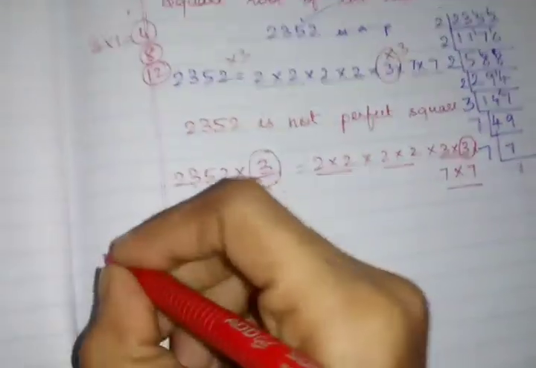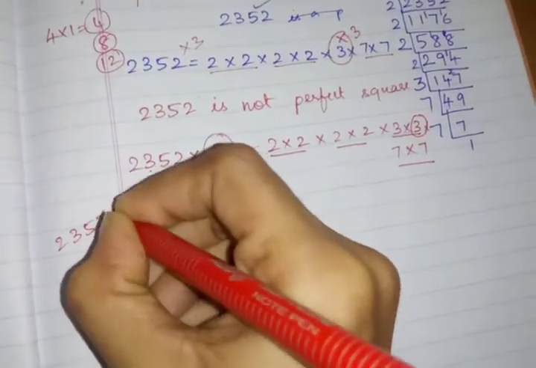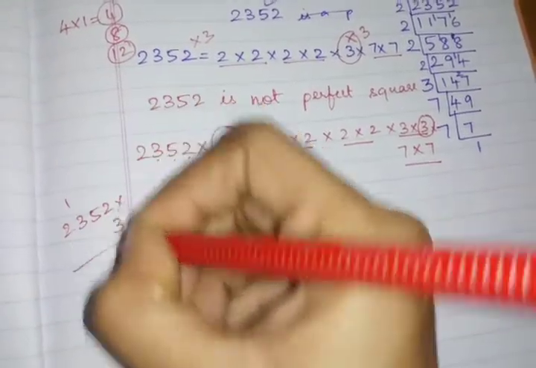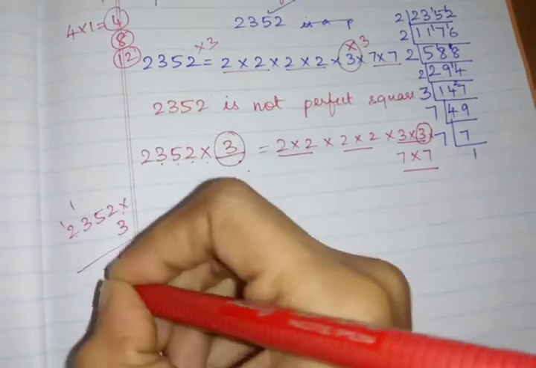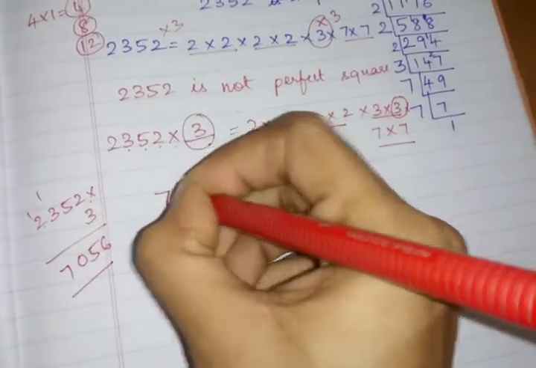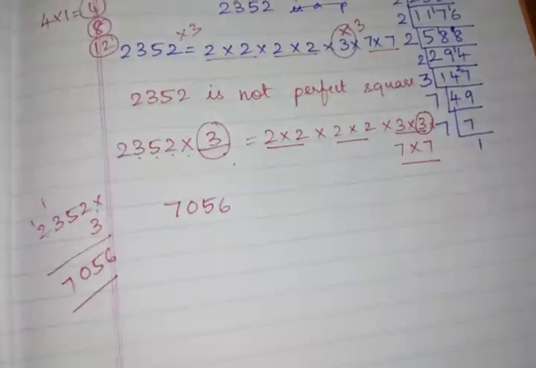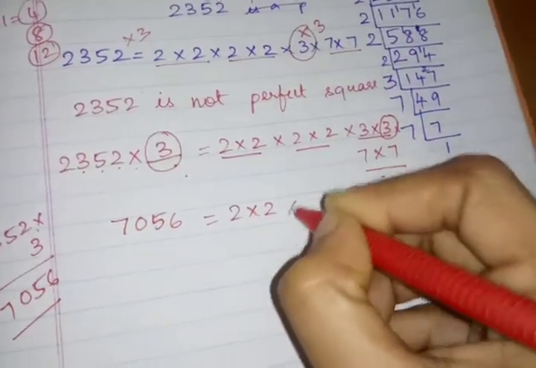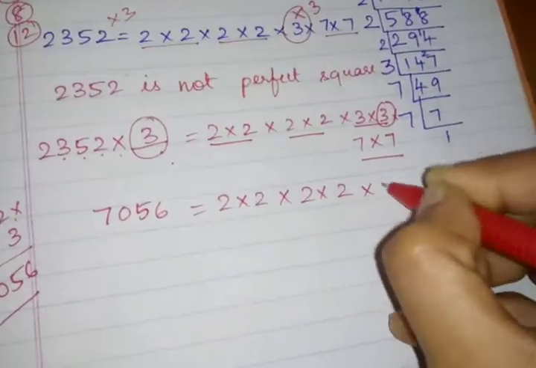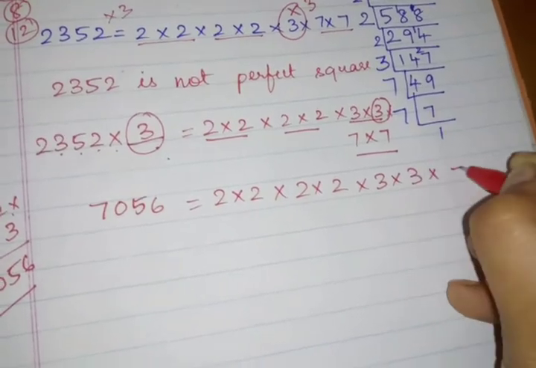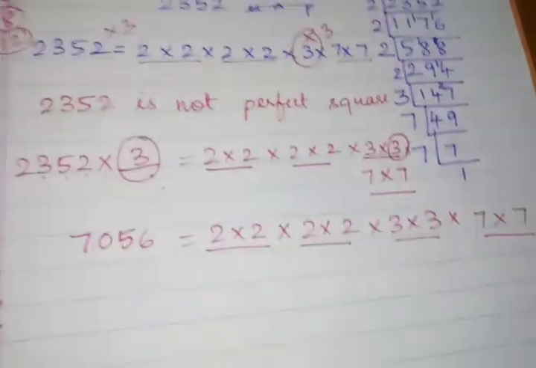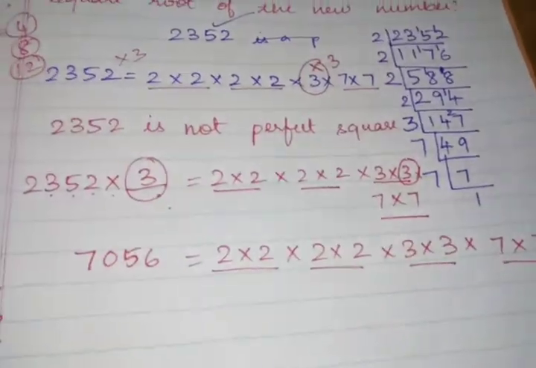If I multiply 2352 into 3, 3 2s are 6, 3 5s are 15, 3 3s are 9, plus 1 is 10, 3 2s are 6, 7. So I get 7056. 7056 equals 2 into 2 into 2 into 2 into 3 into 3 into 7 into 7. So 7056 is a perfect square.